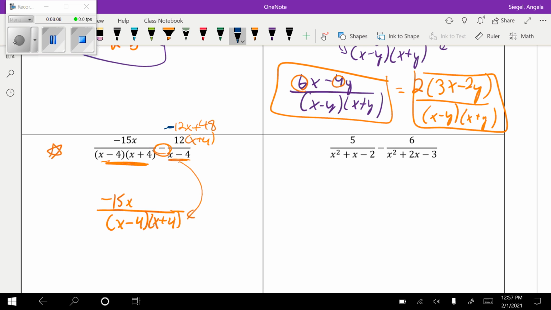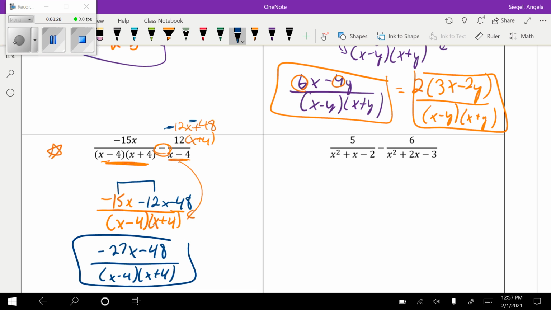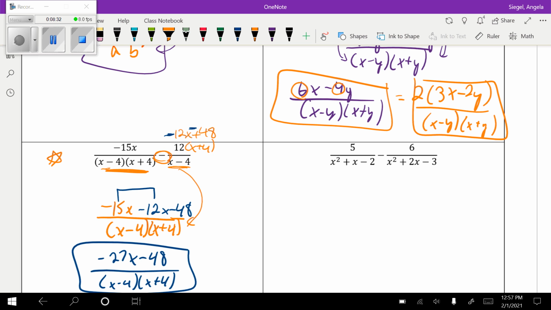So it's going to become negative 12x minus 48. And now I'm going to combine like terms. So I have negative 15x minus 12x is negative 27x minus 48 over my denominator. And I am done.